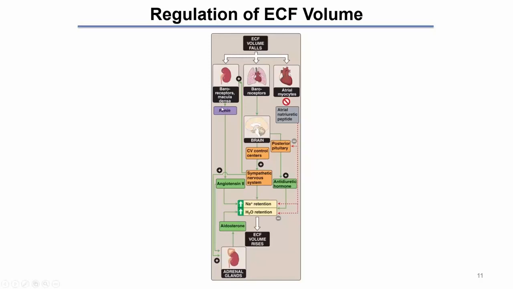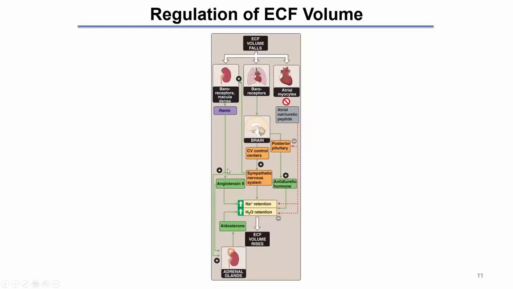But essentially what happens is that when ECF volume falls, there is less fluid going through the glomerulus, specifically the afferent arteriole in the glomerulus. The macula densa cells realize that there's less fluid being released, hence renin will be released from the granular cells in the afferent arteriole. Renin will trigger the release of angiotensin 1.